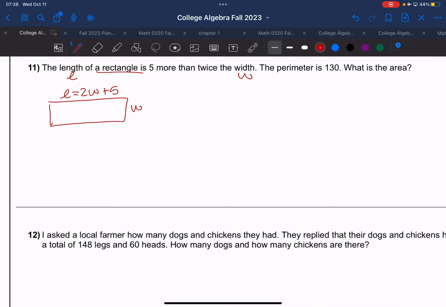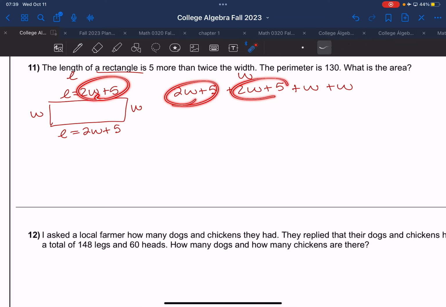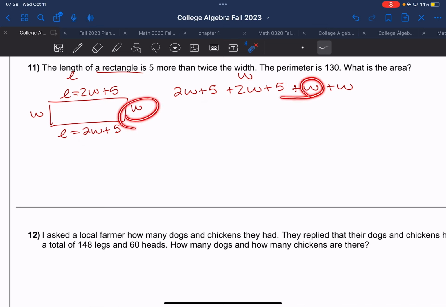So that means the other length is also 2W plus 5, and the other width is also W. I want this all in terms of W. So 2W plus 5, that's the first length, plus 2W plus 5, that's the second length, plus W plus W, those are the 2 widths.